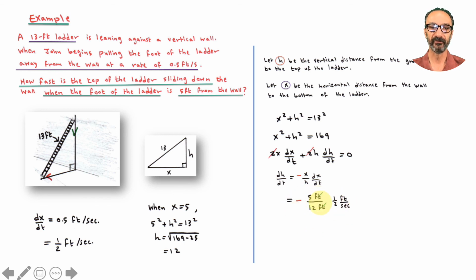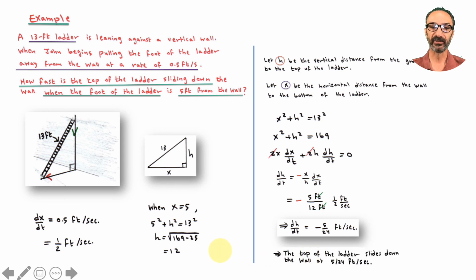Do the math, feet cancels, 1 stays, and second stays. The answer is dh/dt is negative. See, I try to make sure that the negatives are clear, not a very tiny negative sign. 5/24 feet per second. That means the top of the ladder slides down the wall at 5/24 feet per second, and that should do it.